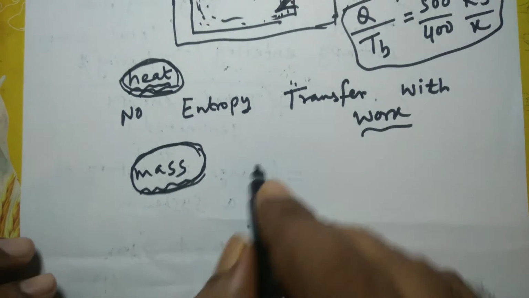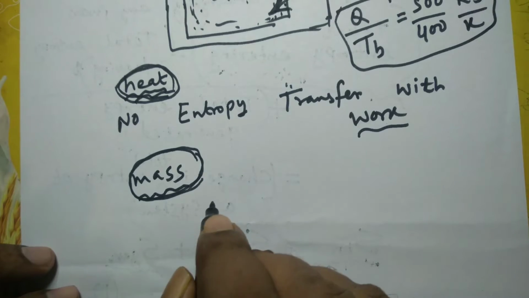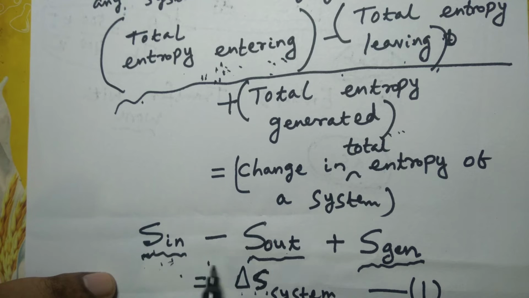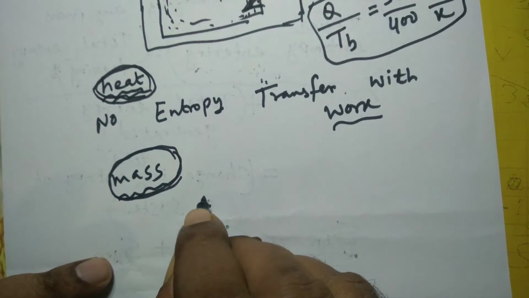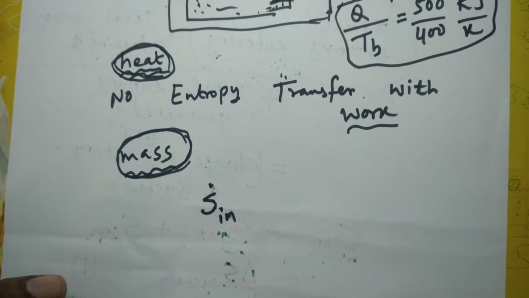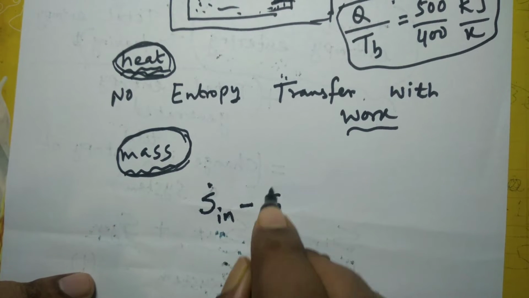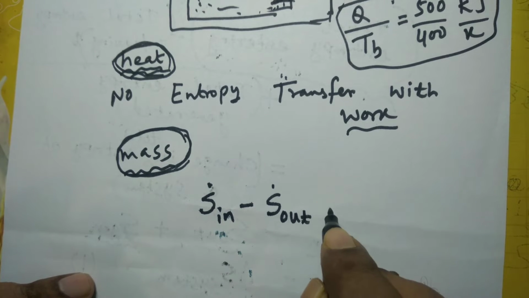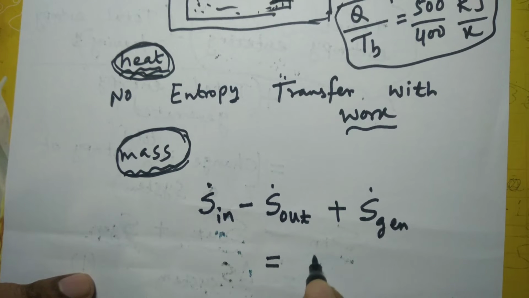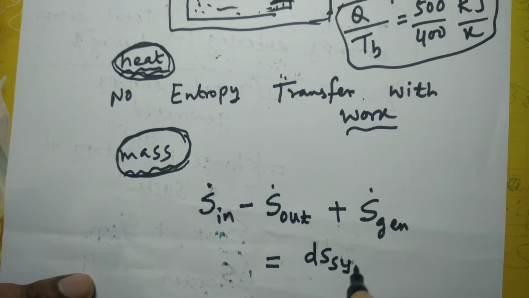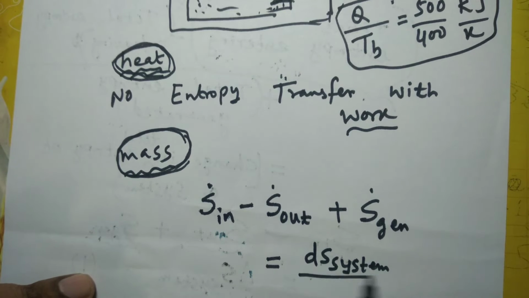So for that we will write the general equation that we have discussed. This is the general equation: S in minus S out plus S gen is equal to delta S of system. If you write this equation number 1 in rate form, rate form means per unit time, that will be S dot in minus S dot out plus S dot gen is equal to dS of system divided by dt.